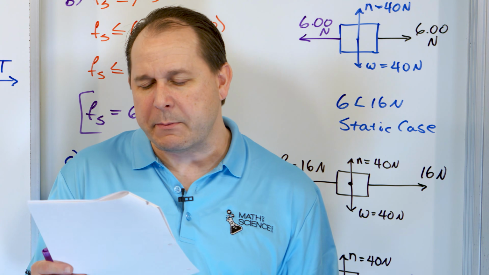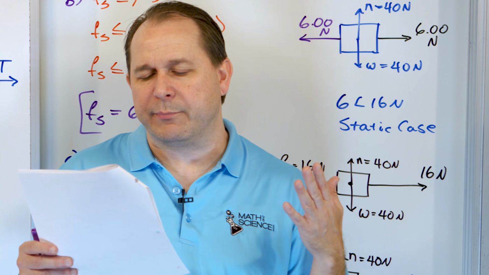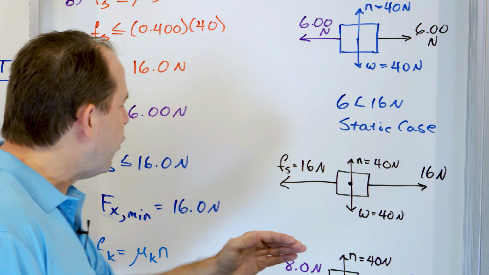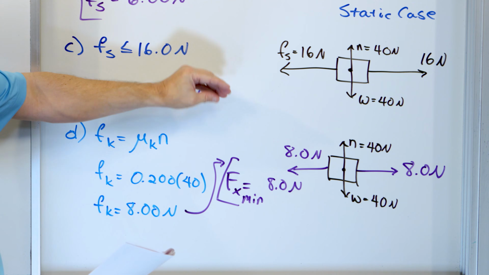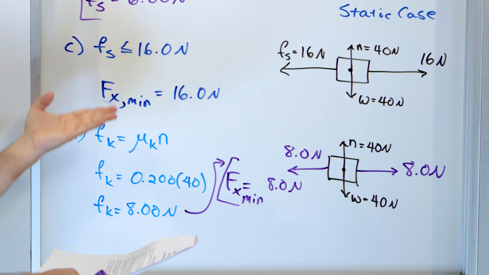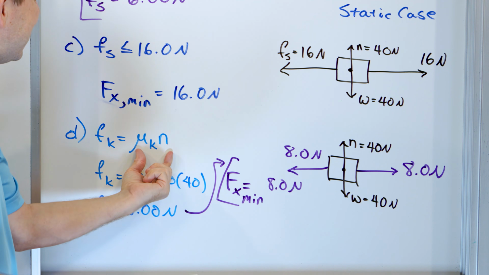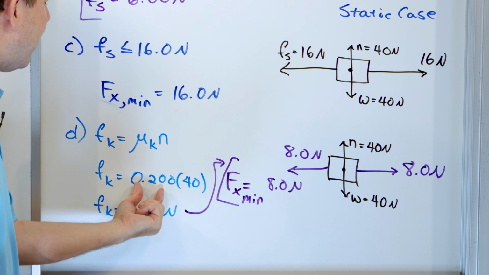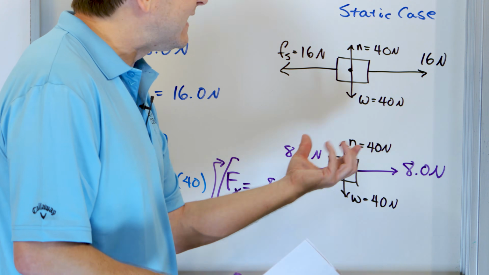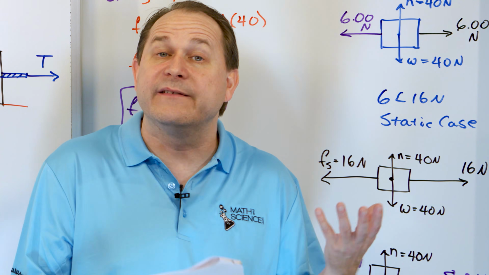And then what is the minimum amount needed to apply to the box of bananas to keep it moving at constant velocity? So once we pull with 16 newtons, the box starts sliding, and then the friction is no longer 6 newtons anymore. It drops, and the coefficient of kinetic friction applies. We calculated the kinetic friction as 8 newtons. That means that the sliding friction, once it's moving, is now only 8 newtons.